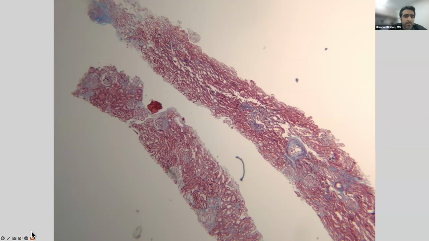All right. Okay. So here we have two cores. Overall, this is the Masson trichrome stain. I'm looking for any blue substance, chronicity. I don't see much over here, maybe 5 to 10% or 5% or less than that.